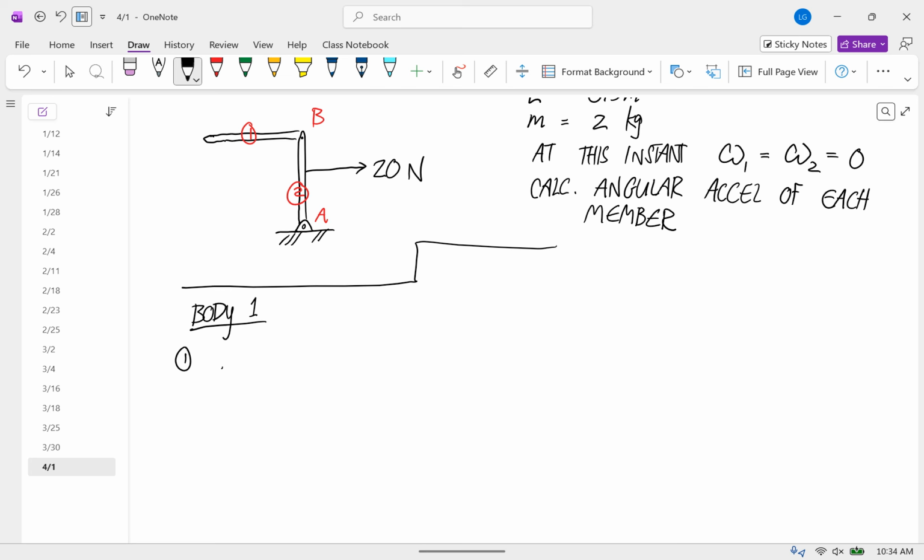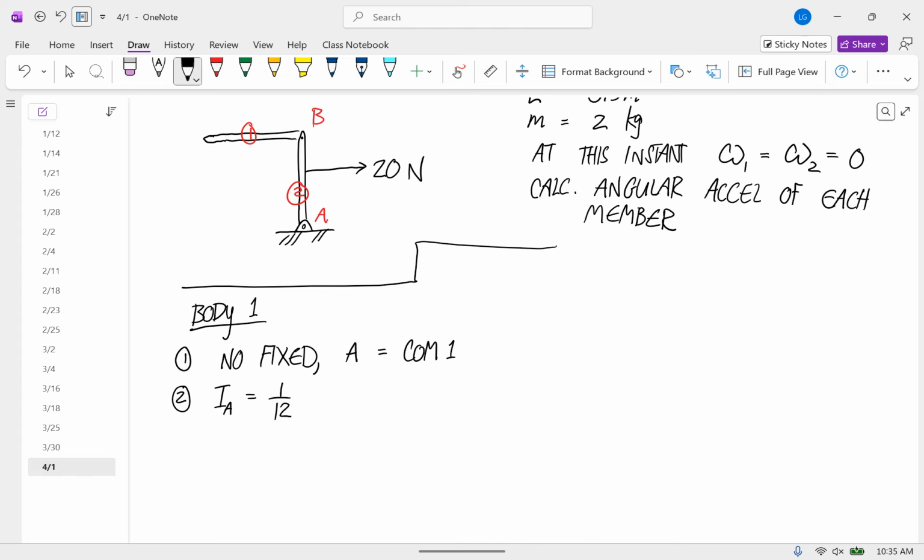Okay, so there's no fixed point here. And so the about point is the center of mass of body one. And the moment of inertia about the center of mass of one, we're just going to use the formula for a slender rod.